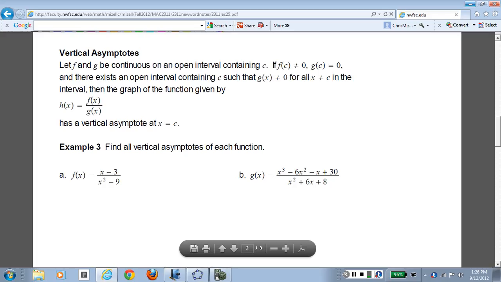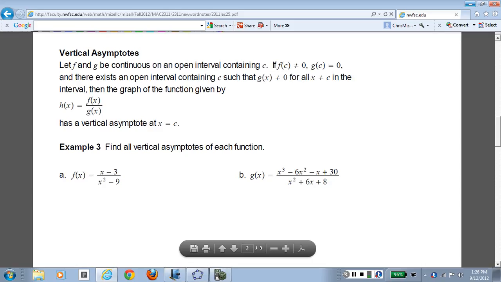If f and g are continuous functions on an open interval containing c, and if f of c is not 0 and g of c is 0, then there exists an open interval containing c such that g of x is not 0 for all x different from c in the interval. Then the graph of the function has a vertical asymptote at x equals c.